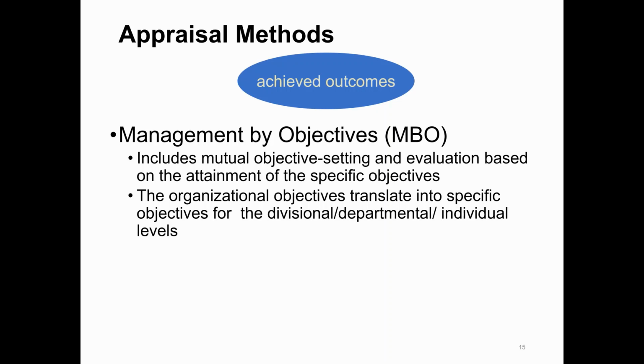Once employees start achieving those task level goals, they accumulate and become SMART goals. Those SMART goals become strategic goals, and those strategic goals translate into the vision statement of the organization. So this is the relationship of management by objective with the strategic objectives of organizations.